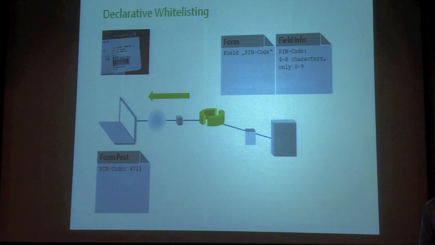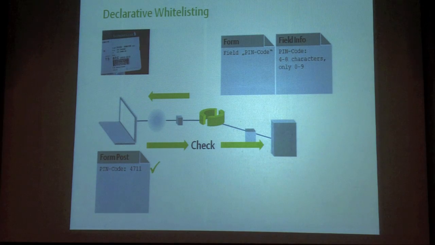The client fills it in, the person sitting in front of the client, and sends it back. And now, the web application firewall already is able to do the check. Without even bothering the application itself, it can see, well, 4711, okay, that's 4 to 8 characters, correct. It's 0s to 9s, yeah, check. We pass it on to the application.